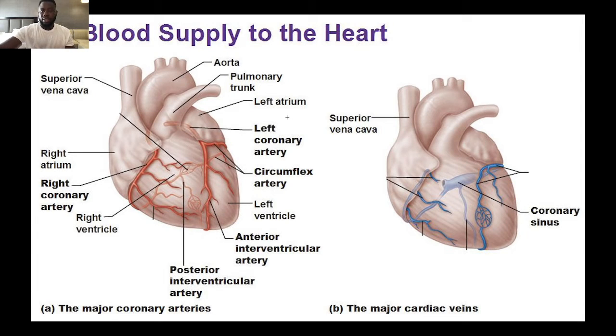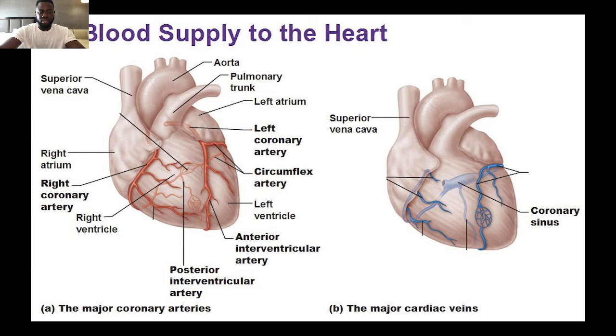So this is the whole heart, and this is the left coronary artery, this is the right coronary artery. So let's start with the left coronary artery. The left coronary artery comes through here, you can see it over here, and then it goes through the anterior interventricular sulcus.